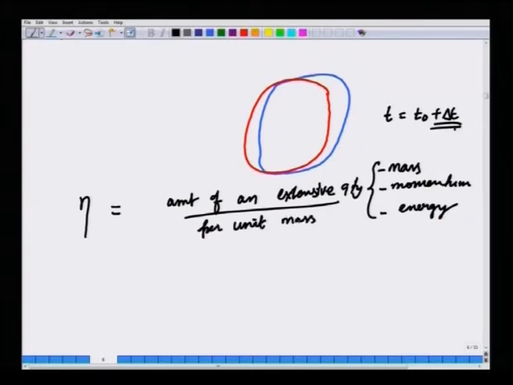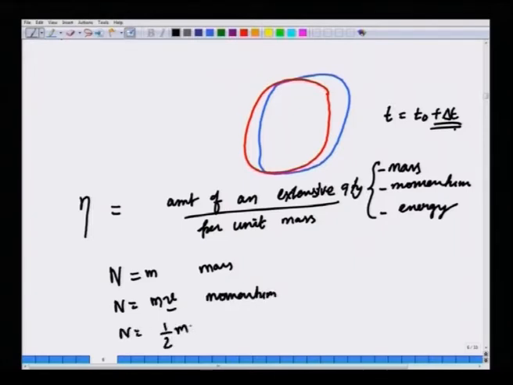So, N is m for mass, N is mv for momentum, N is half mv squared for kinetic energy of the fluid. So, eta is per unit mass, N divided by m.